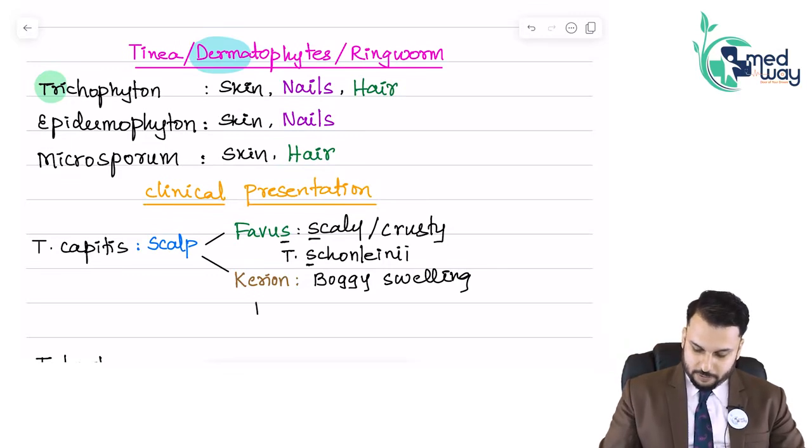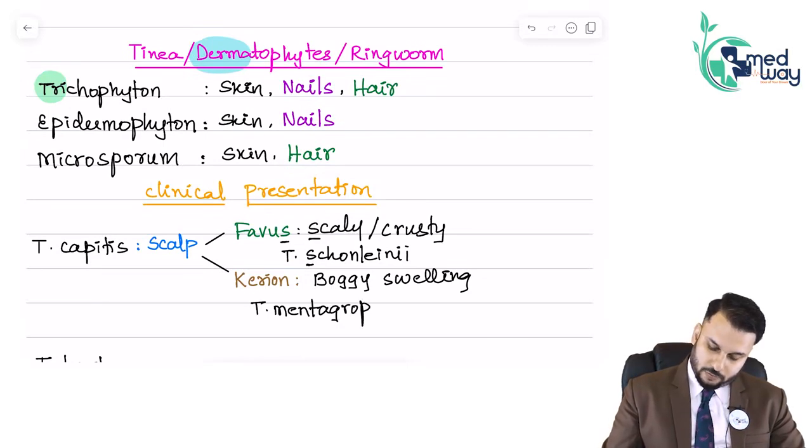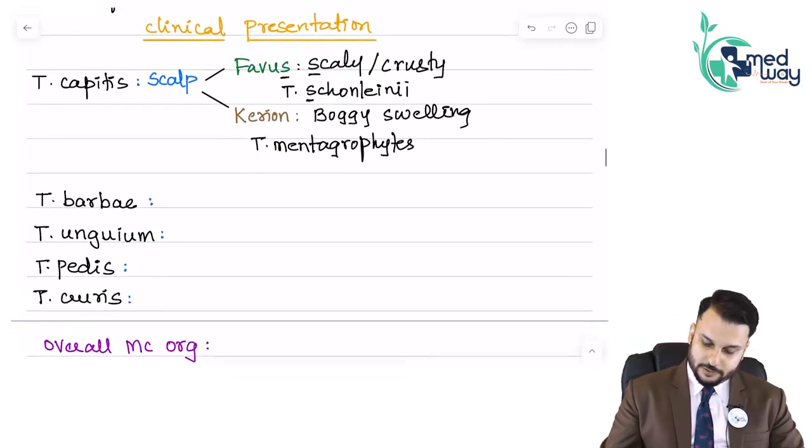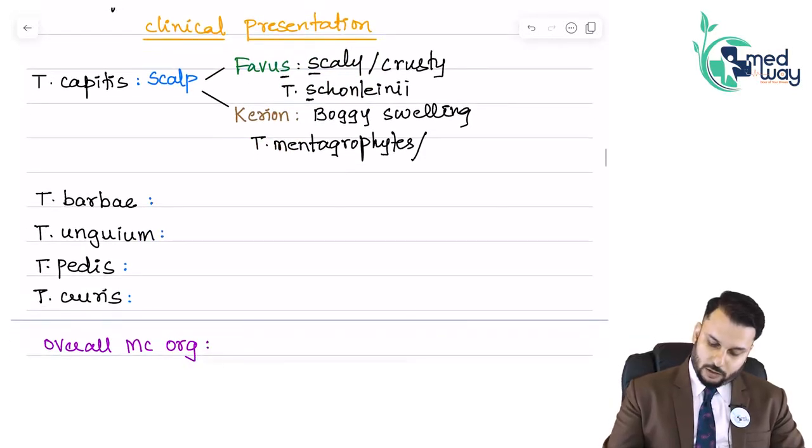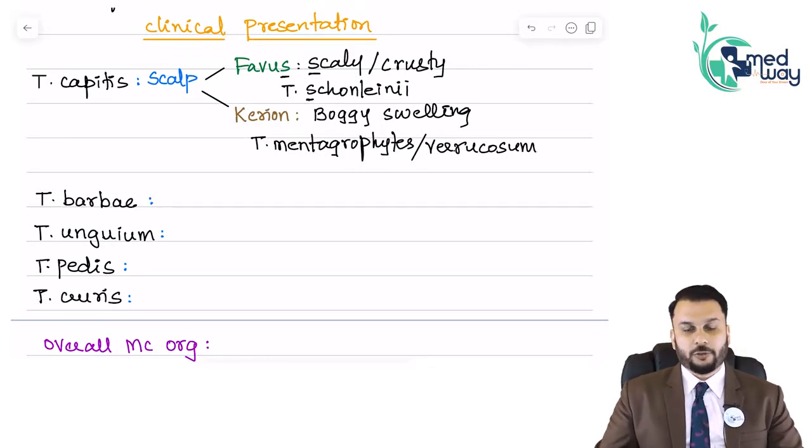You have to remember that there is Trichophyton mentagrophytes. This is the name of this fungus, or another name, Trichophyton verrucosum. So this kerion is caused by these fungi. These are quite serious infections of your scalp.